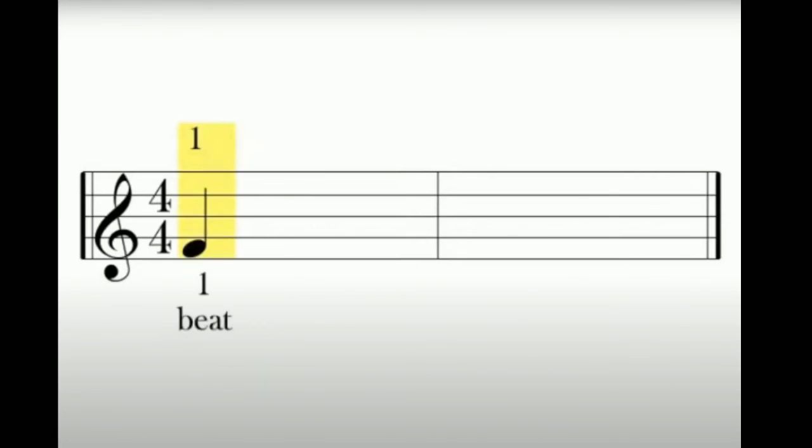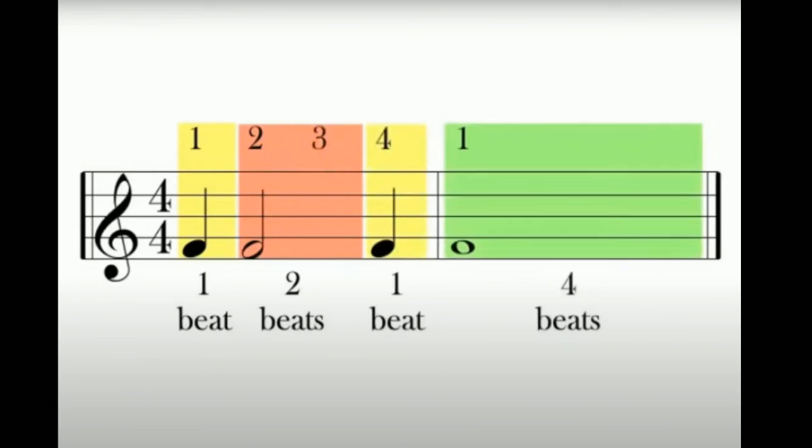Here's an example. 1 beat, 2 beats, 1 beat, 4 beats. So 1, 2, 3, 4. Quarter note, half note, quarter note, whole note, quarter note, half note, quarter note, whole note. Right?